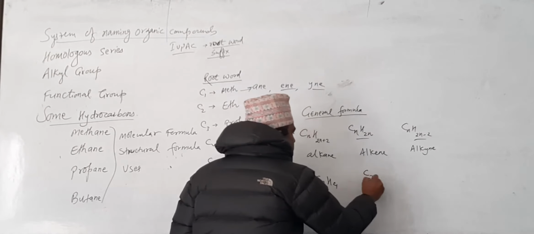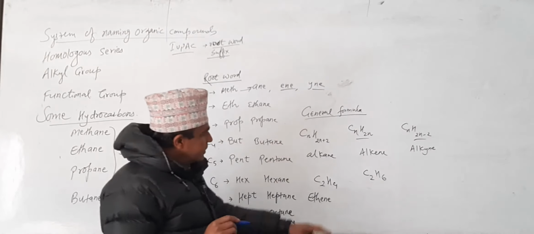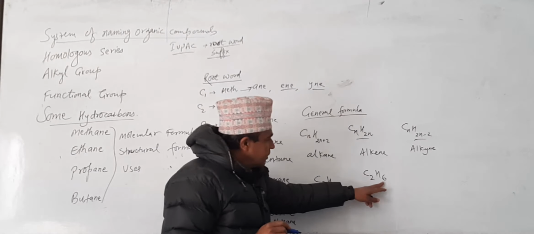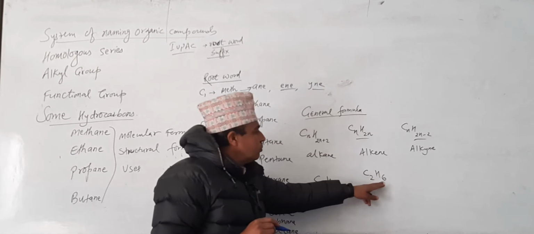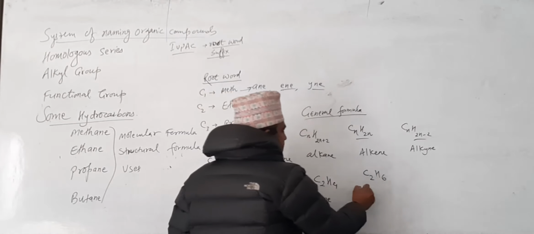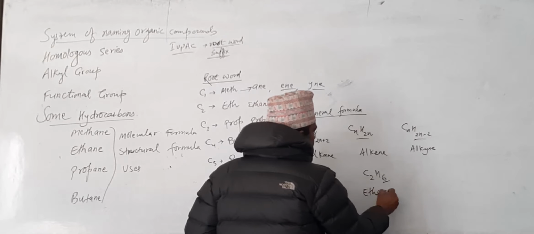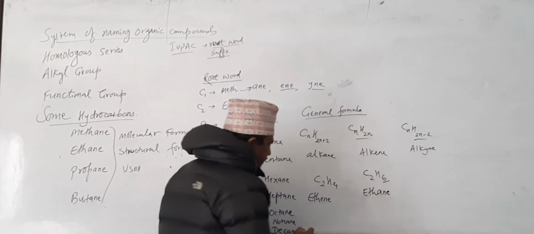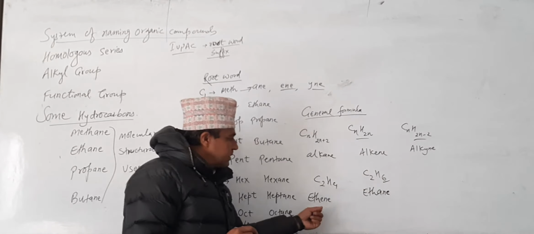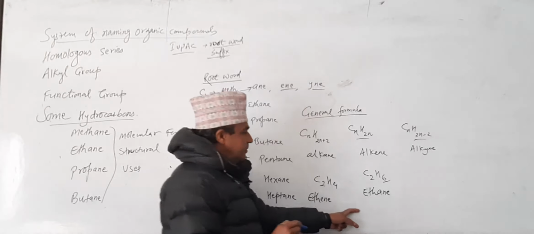But if I write here C2H6, the number of hydrogens is 2 more than double the number of carbon. So the root word is the same, eth, but it is ane, alkane, ethane. C2H4 is ethene, C2H6 is ethane.